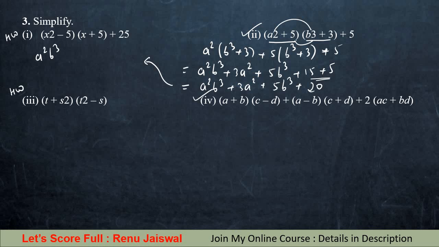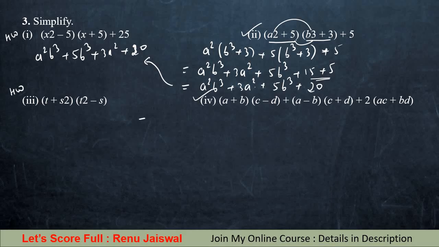After that, less than this is power 2, no, I have power 3, so write that part, 5b cubed. After that, the next power 3a squared and then the constant term. Many books follow writing all the terms related to a first, then all terms related to b, and then the constant term. It does not matter, you can write any sequence.